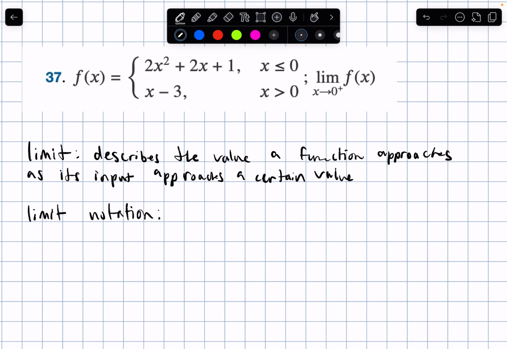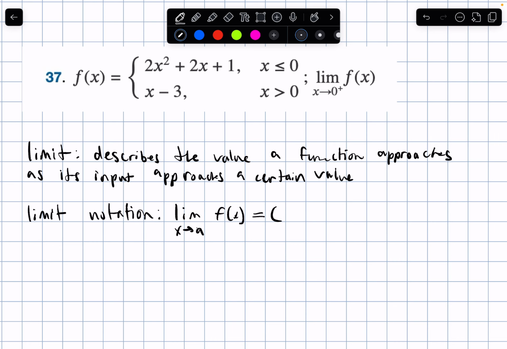Now, using what we know about limits, I'm going to show limit notation and describe generally all the parts of it. Limit notation looks like this: the limit as x approaches a of f of x equals c.